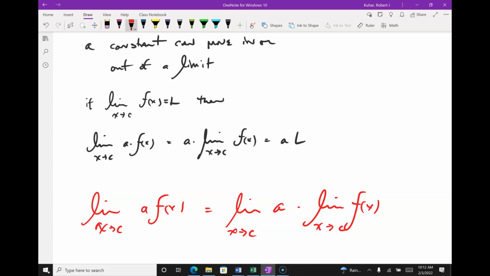It's done instantly, isn't it? Because what's the height of a as x goes to c? What's the height of a constant? The constant. So this limit is just a, so you can see I get the constant outside of the limit, right?